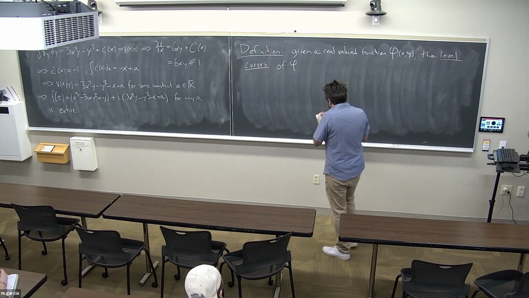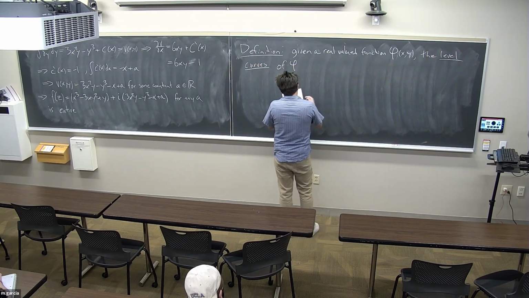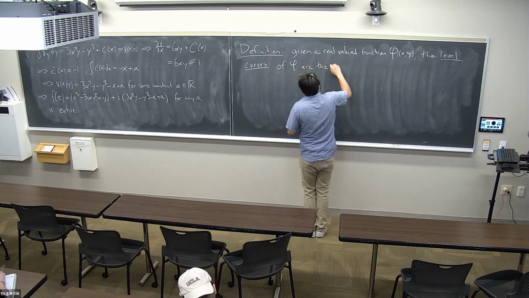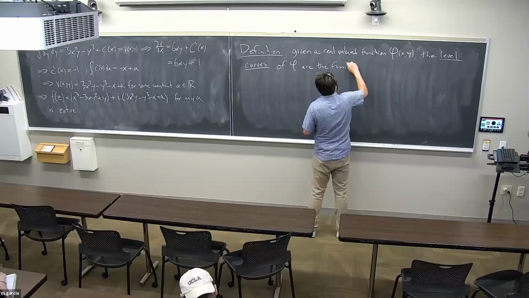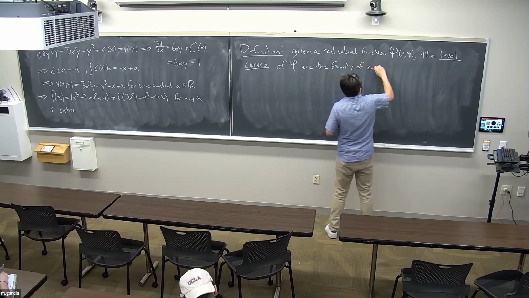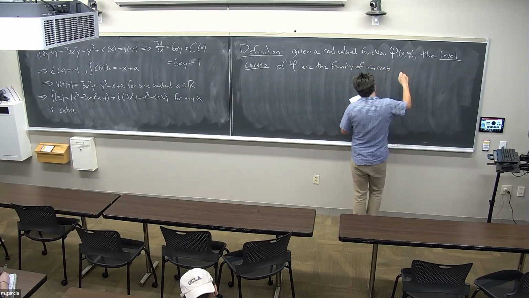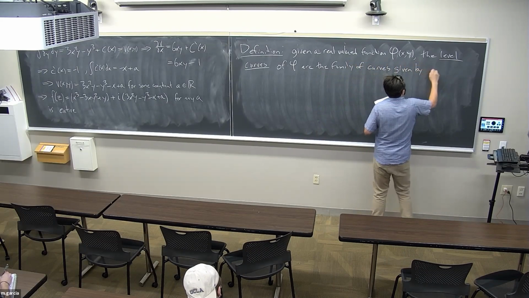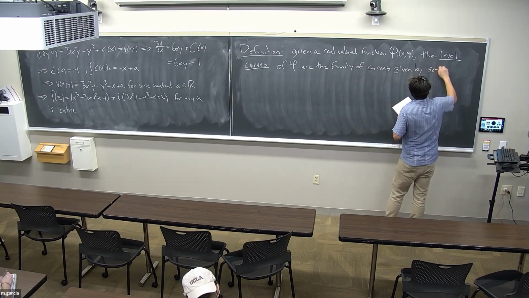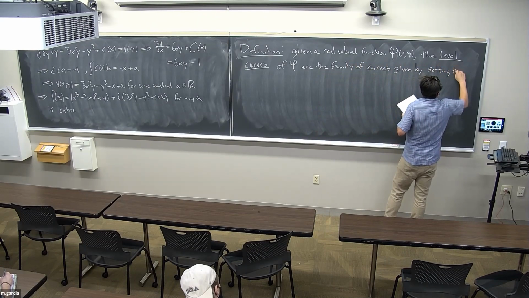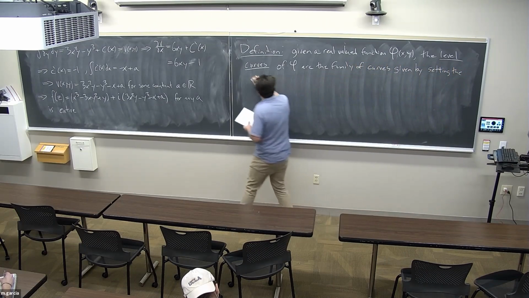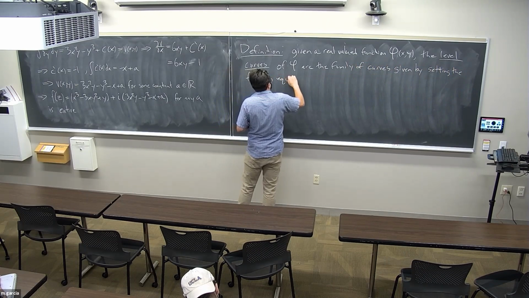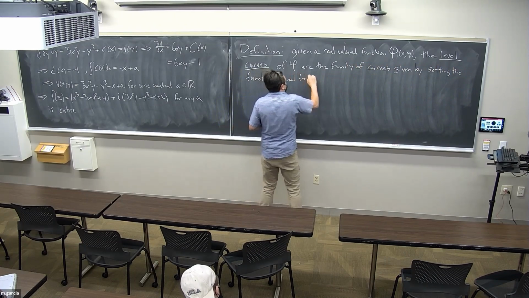The level curves of phi are the family of curves given by setting the function equal to a constant.